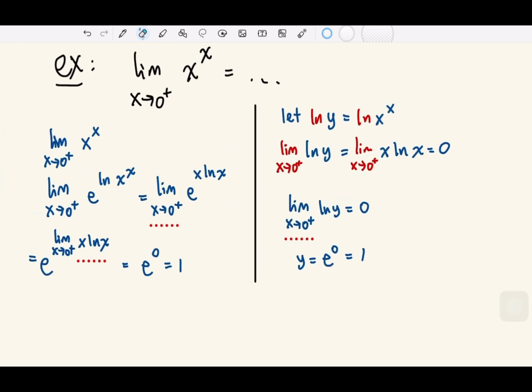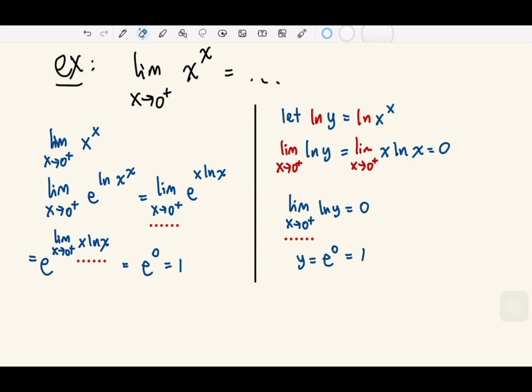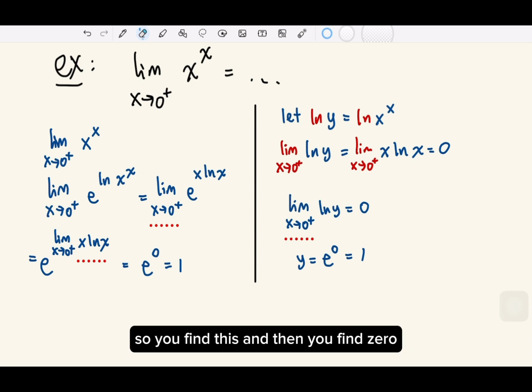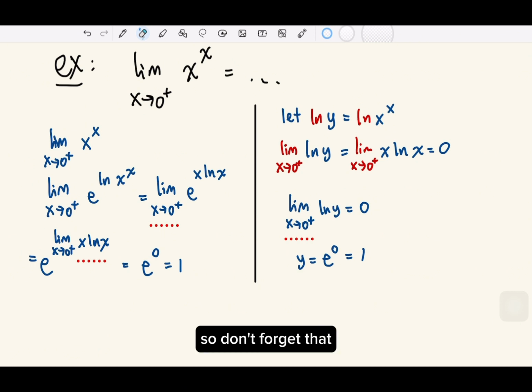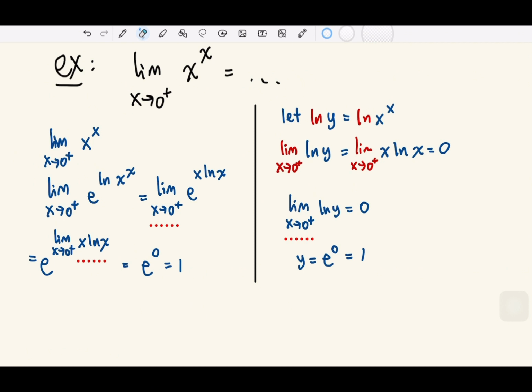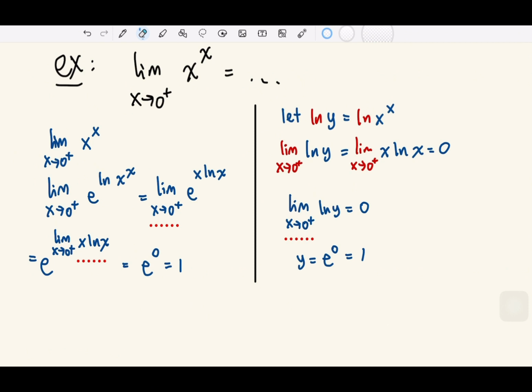So, notice that if we take the limit for the ln, sometimes this is, I think, a frequent mistake for students. You try this, and then you find 0, and then you forget to bring it back to the e. So don't forget that this expression for the limit is for the ln. So we need to find the limit for the y.